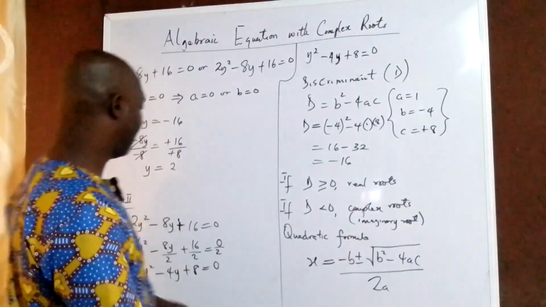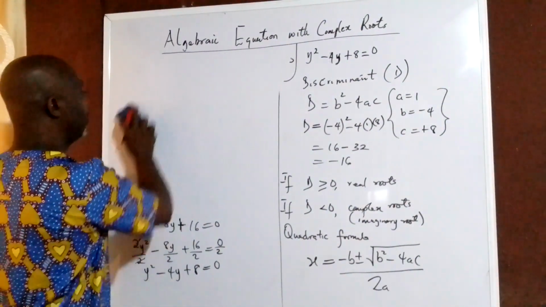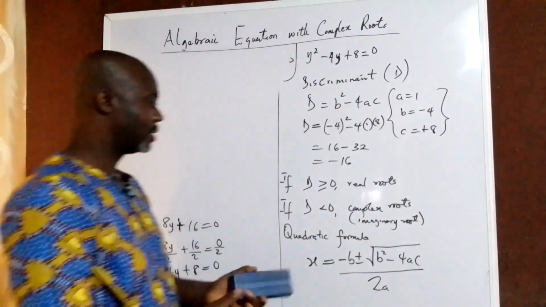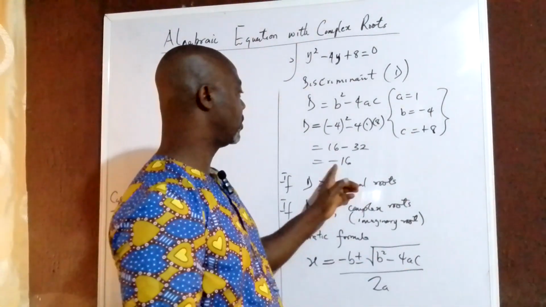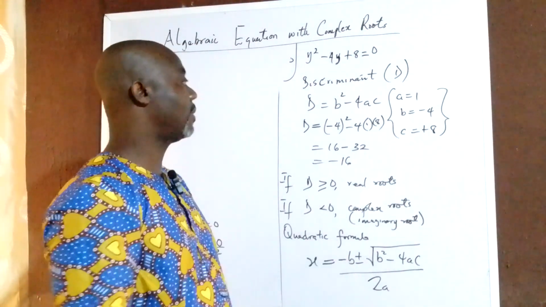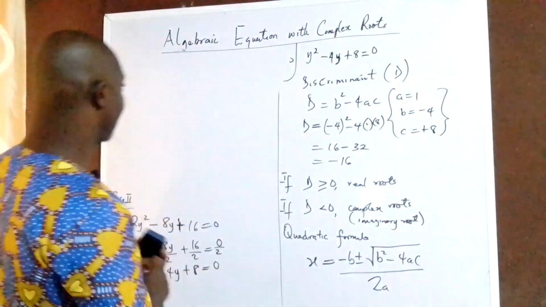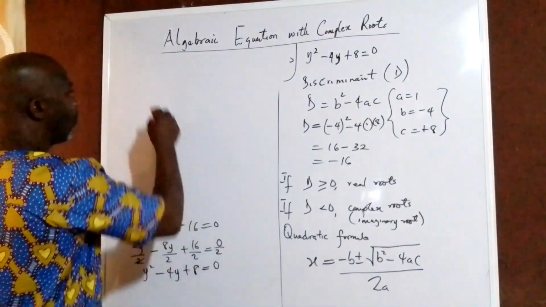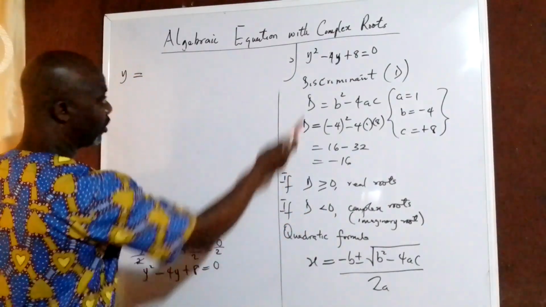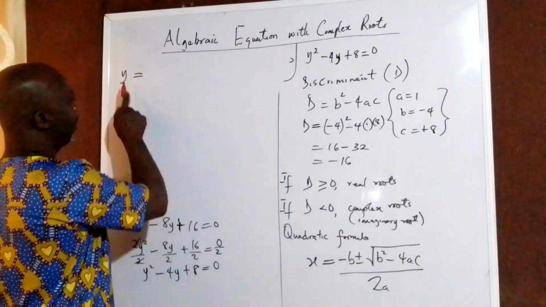Okay, so from there, we can come over here and continue the solution. Already we know that b squared minus 4ac is minus 16. Then of course we have minus b plus or minus, and b is minus 4. Since we are looking for y, we represent this x with y.